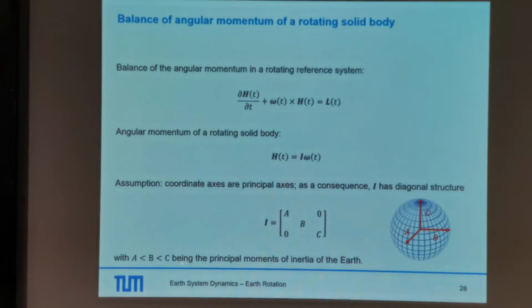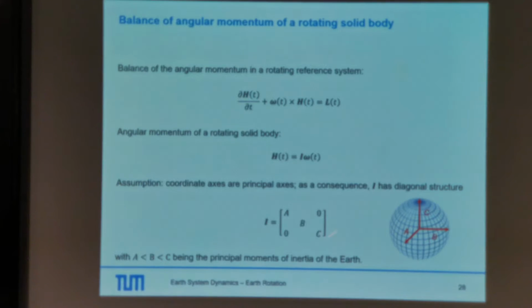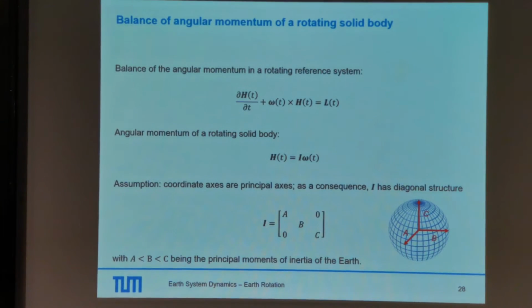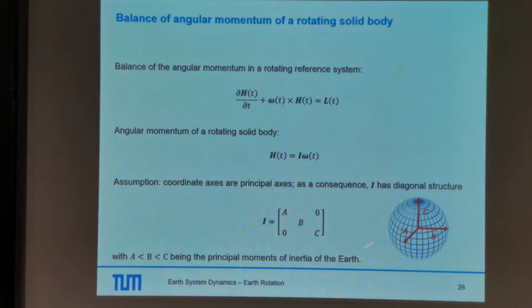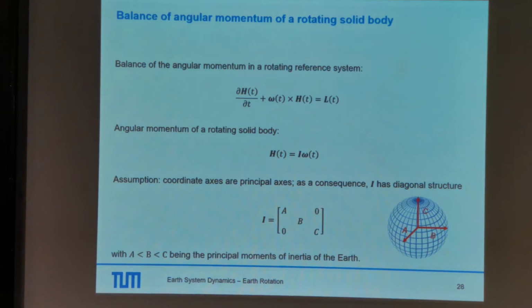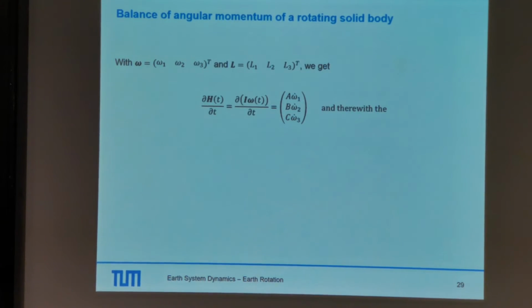But in this case, C is much larger, as seen in this equation. So the tensor of inertia comprises only main diagonal elements if we assume this rotational symmetry.